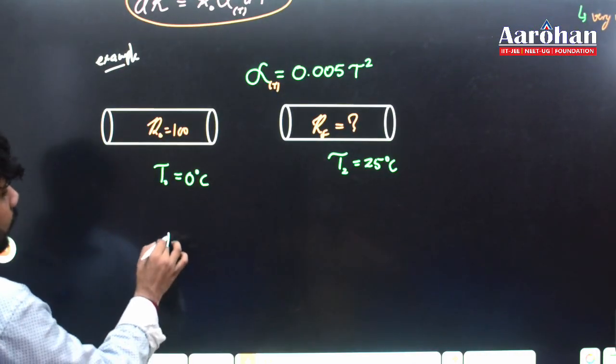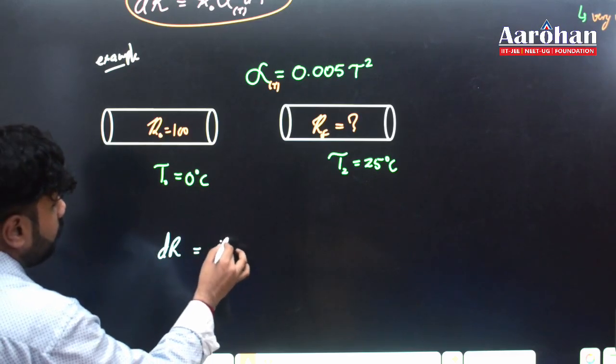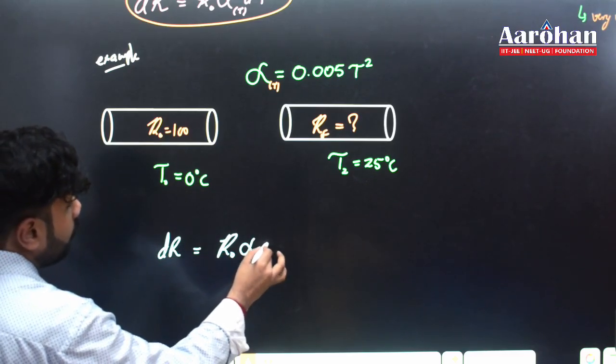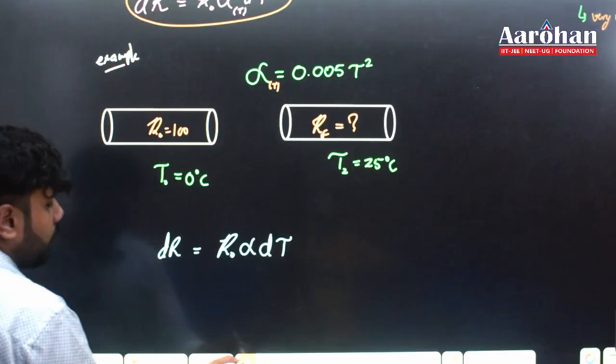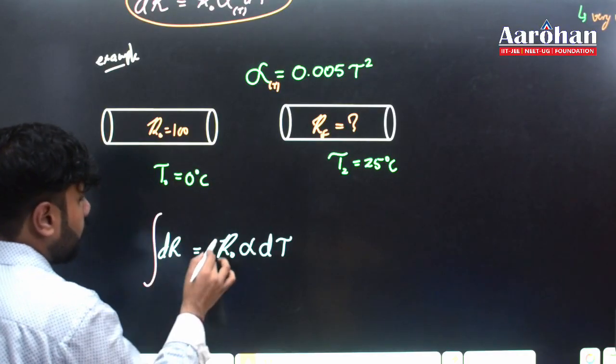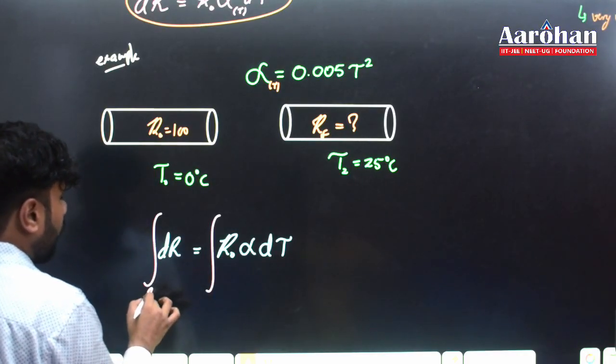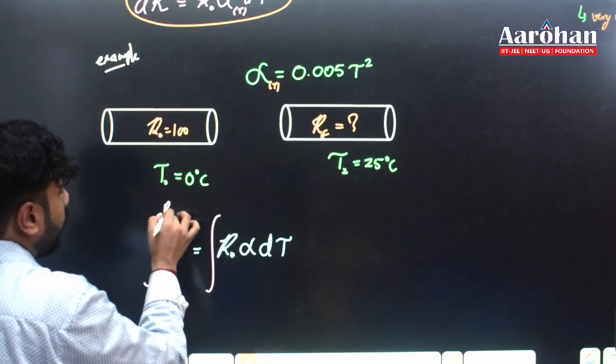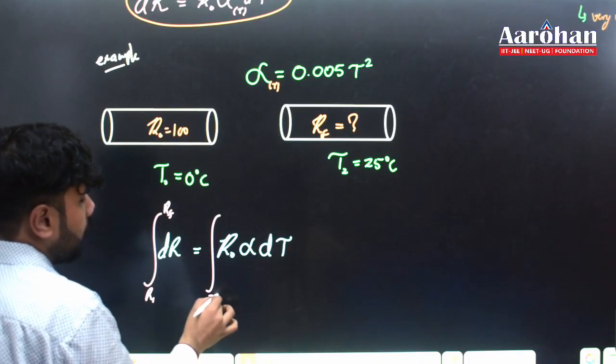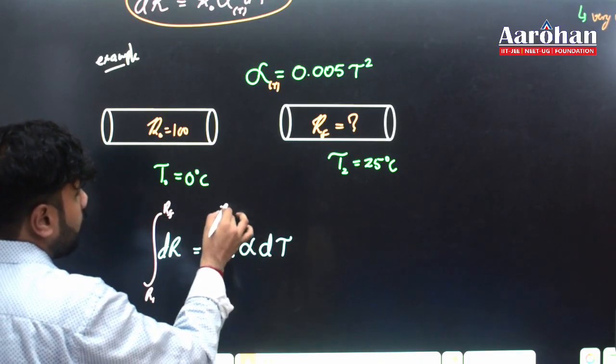We write dR equals R naught alpha dT. What we need to calculate is the final resistance. We integrate, going from R1 to R final, and here from temperature T1 to T2.